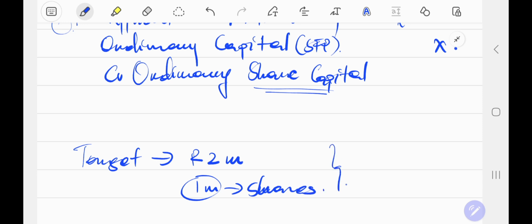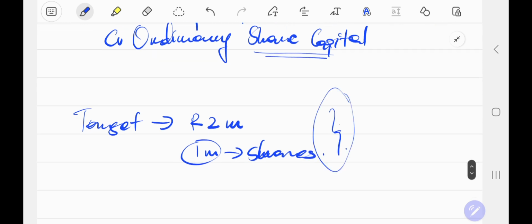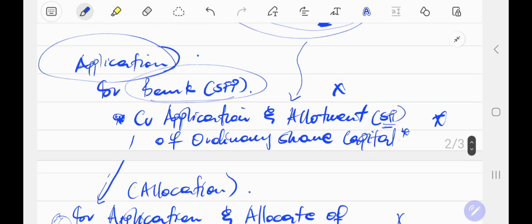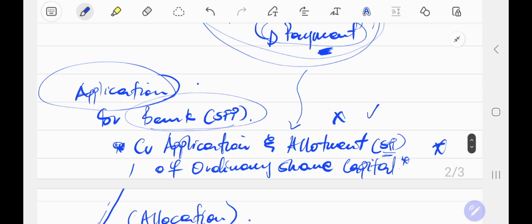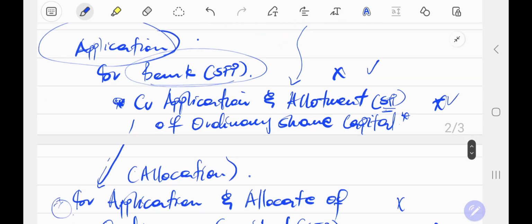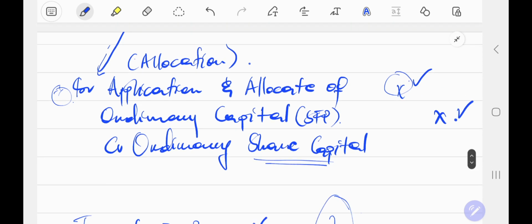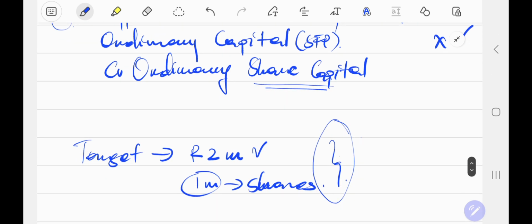What would happen is that the company can raise exactly the 2 million. If it raises exactly the 2 million from the applicants, you simply debit bank with 2 million, credit application and allotment with 2 million, and then debit the application and allotment with 2 million, and credit the ordinary share capital with 2 million, right?